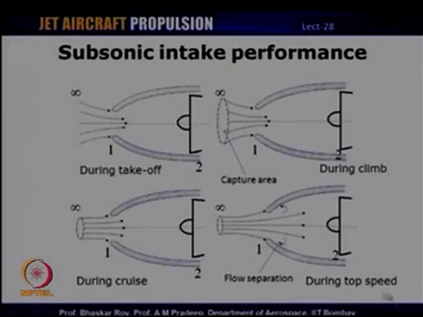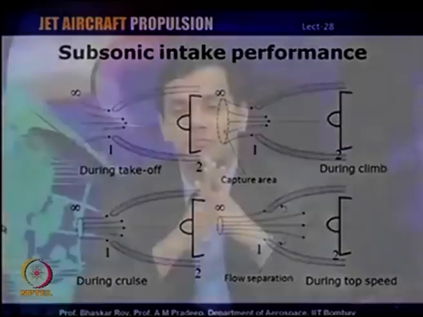This could happen if it is operating at flight speeds slightly more than the design Mach number, that is, during cruise. So, this is just an example of different modes of operation of a typical subsonic fixed geometry intake, and this is something which all intakes operating in this regime will have to undergo.